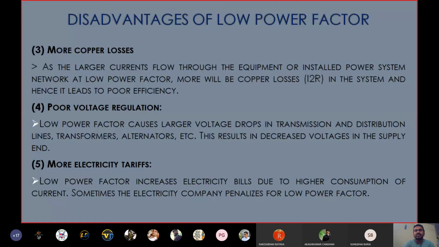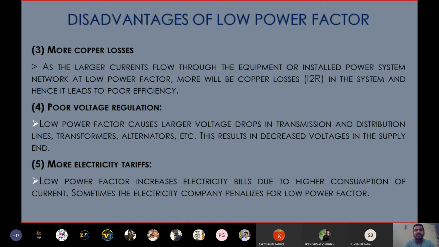Next is poor voltage regulation. Low power factor causes larger voltage drop. When high current is taken from the system, the voltage drops in the system.